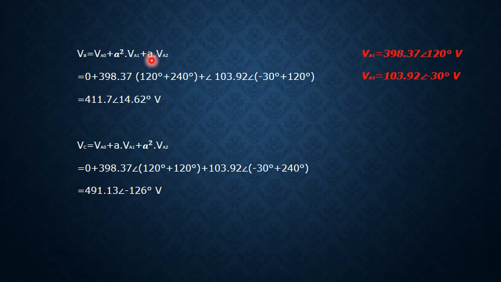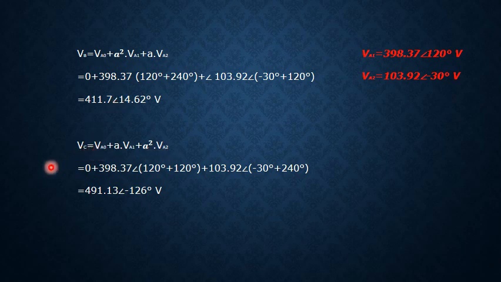It is magnitude 1 at an angle of 120 degrees. This is the value of the negative sequence component line voltage. So minus 30 plus 120. If you simplify it, you are going to get Vb as this much.